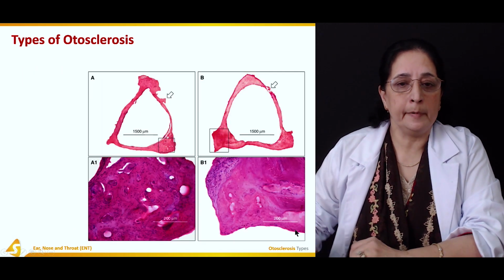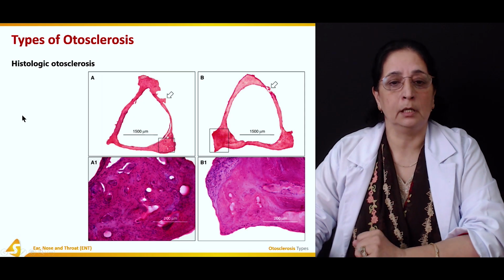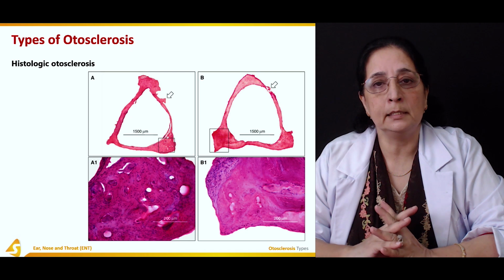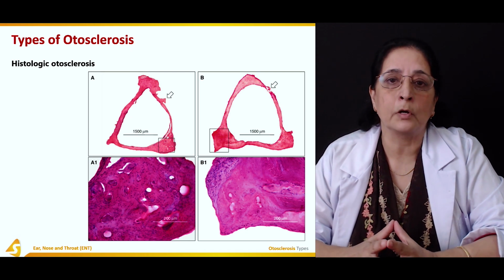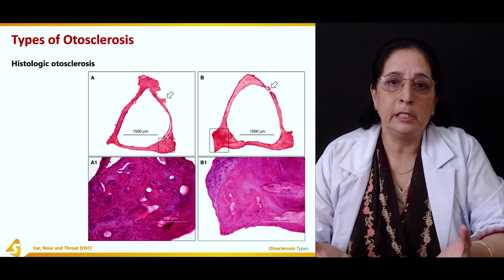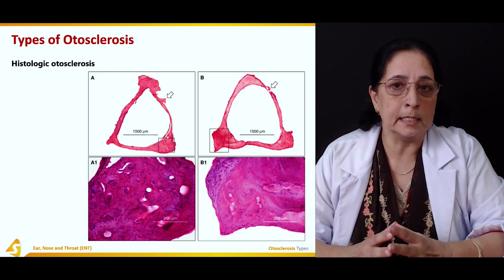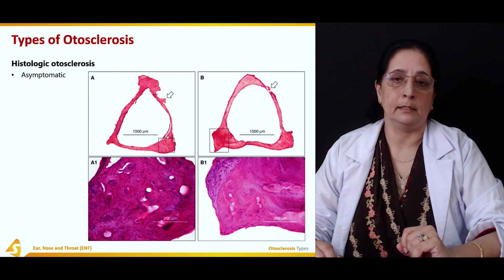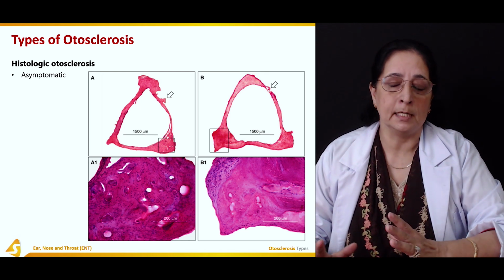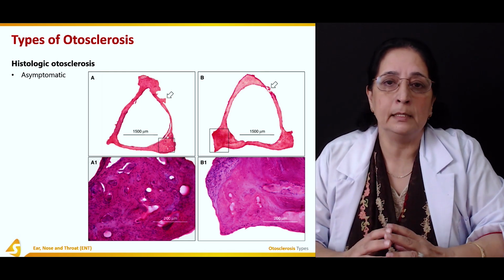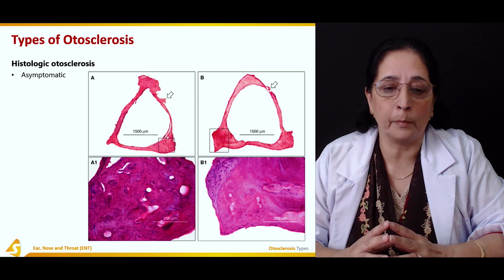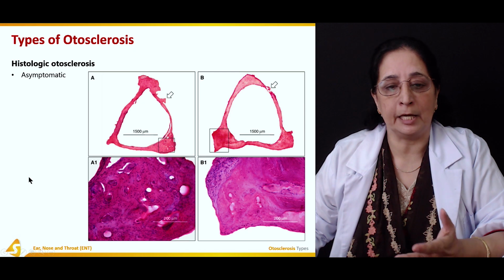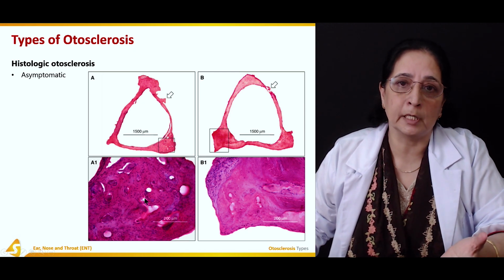The third type is the histologic otosclerosis, and this is the type of otosclerosis in which there are no signs and symptoms. The patient is usually asymptomatic. No symptoms are present, and only when histology or microscopy is performed, there are changes that show otosclerotic changes.